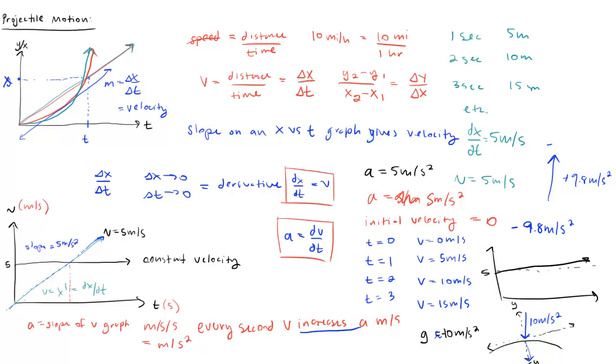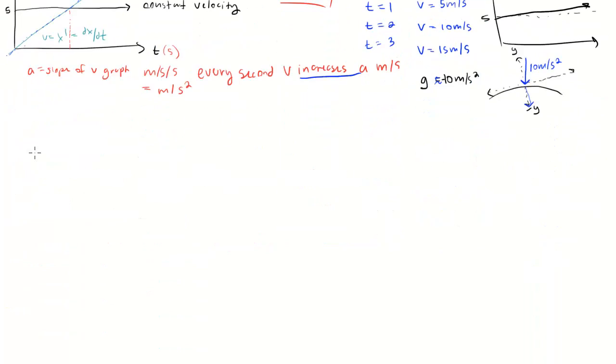And so sometimes you'll run into a problem where maybe you have a cliff or something, and you're dropping something off the edge of the cliff. You have a couple options. You might put your coordinate system right here. Let's say this is 100 meters high. You could say that this point is 0, 100, or you could put your coordinate system up here and say that it's at 0, 0.